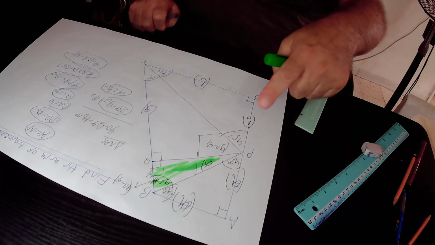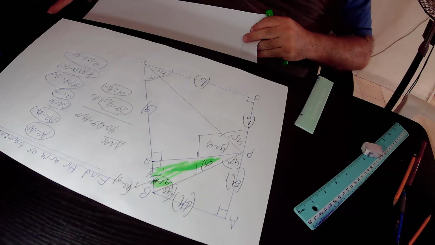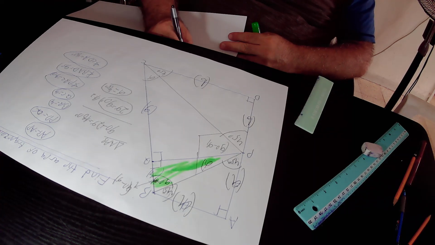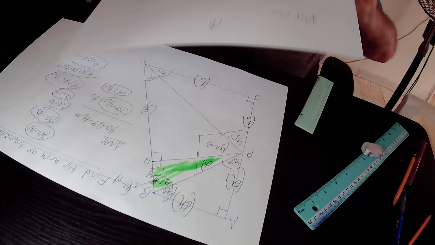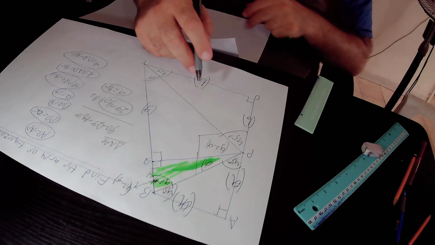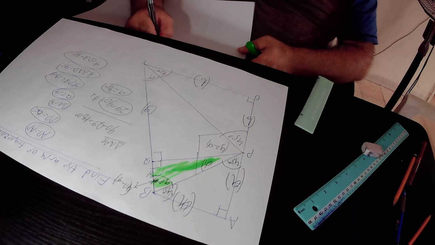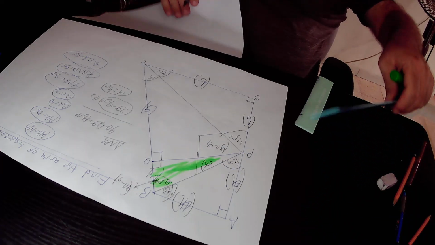The big right triangle PQC is similar, this is the sign of similar, to the small green right triangle PBQ according to the angle similarity rule.